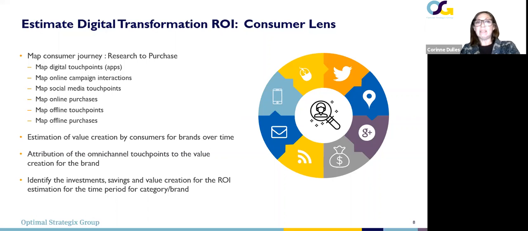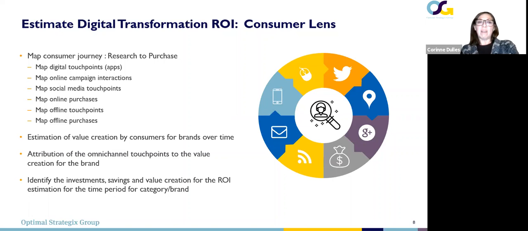The ability to map the customer journey for each of these touch points is very important, since once you're able to map these touch points and match the path to purchase using marketing attribution, we can really understand which of those touch points have an influence, and what level of influence each touch point has on the actual purchase or on the actual value added to the brand.